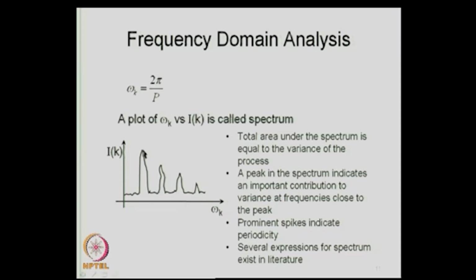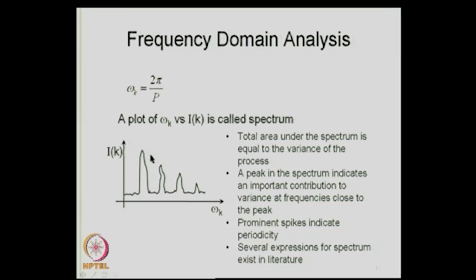A peak like this in the spectrum indicates an important contribution, that is, we are talking about the distribution of the variance in several bands of frequencies. So, whenever you get a peak here, this indicates that there is an important contribution to the variance of the process around these frequencies.